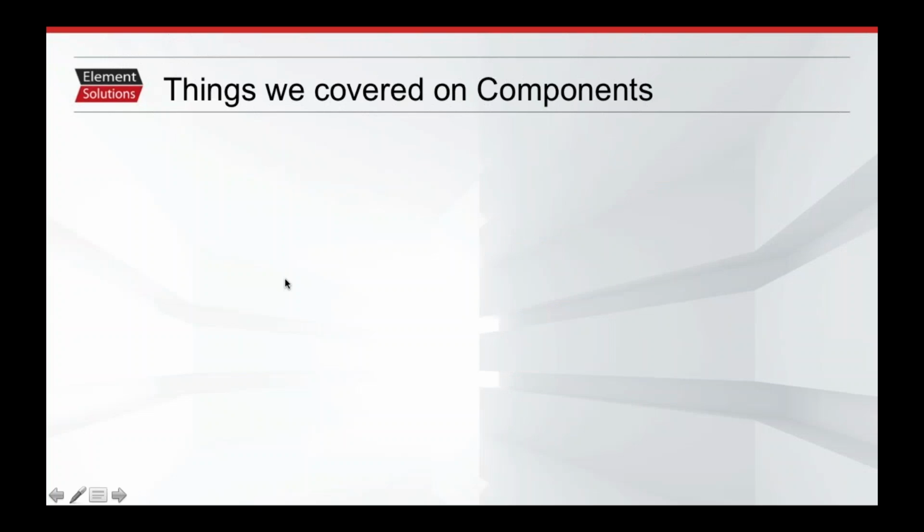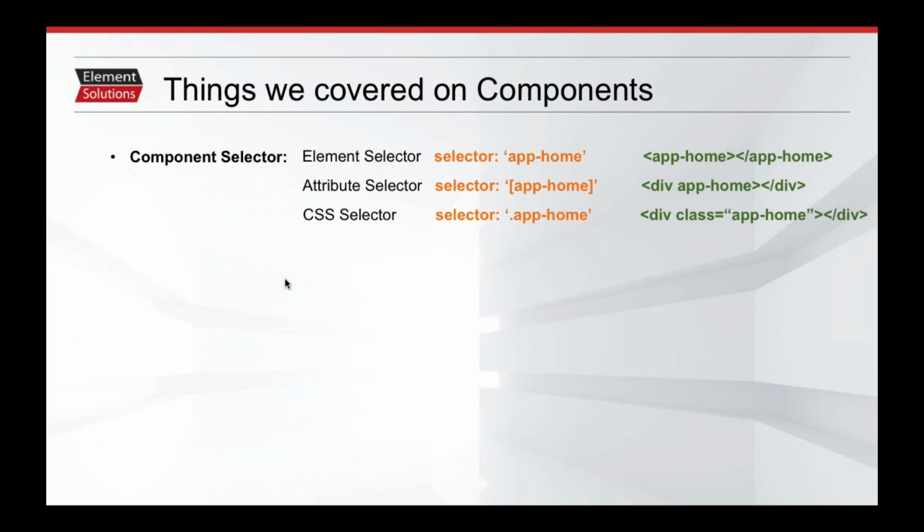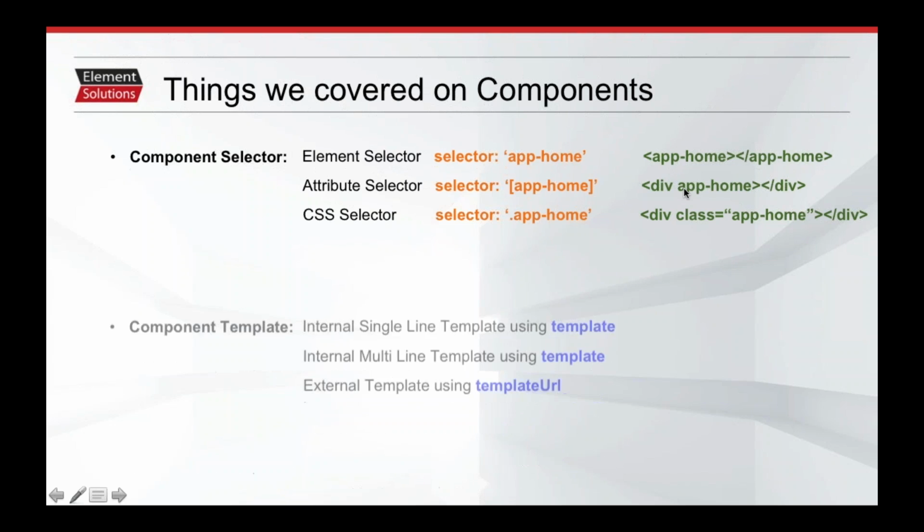Those are the very basic topics I wanted to cover, and let us see what we have covered. I did not show the CSS template, but I think we have used a lot of time. These are the things we have covered: how to create a component, how to use the element selector, attribute selector, and CSS style selector, and how we can use them within the HTML template of another component.